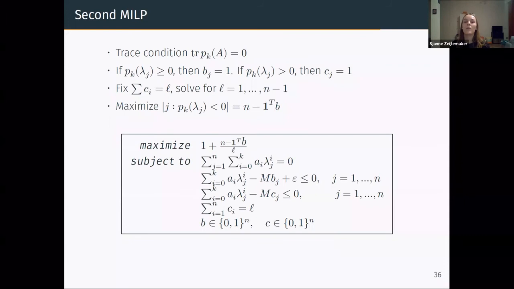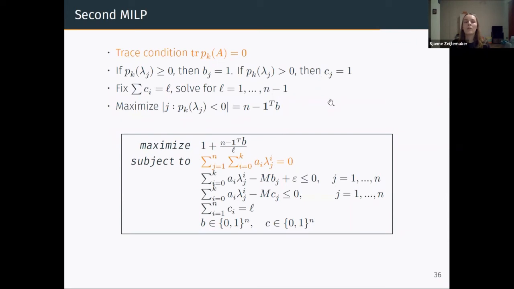In a similar way as before, we can translate this to a mixed integer linear program. Summing to 0 on the eigenvalues is a very straightforward condition. But now to compute the bound that we want, we have to keep track of several things. We have a characteristic vector for when p evaluates to a non-negative number on an eigenvalue, and also for strictly positive.